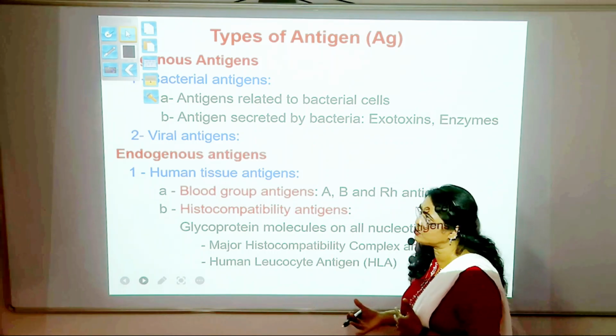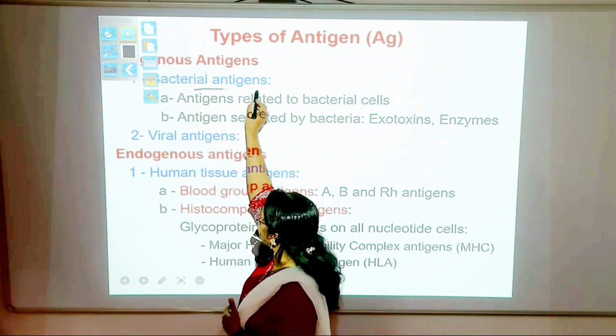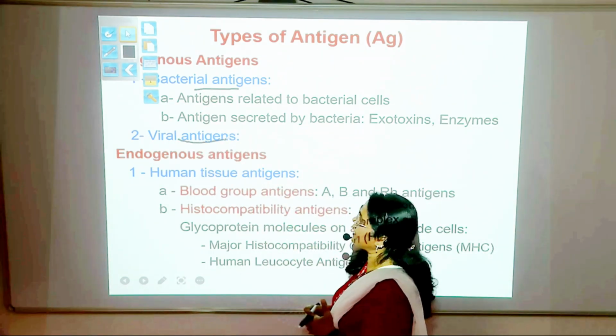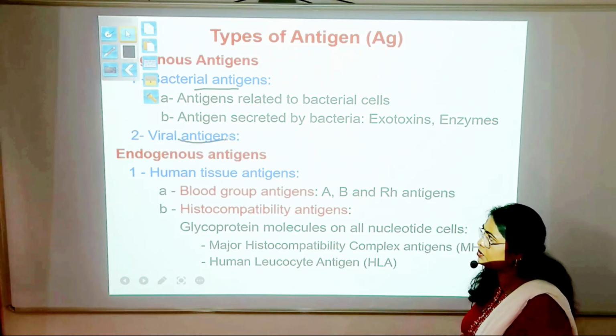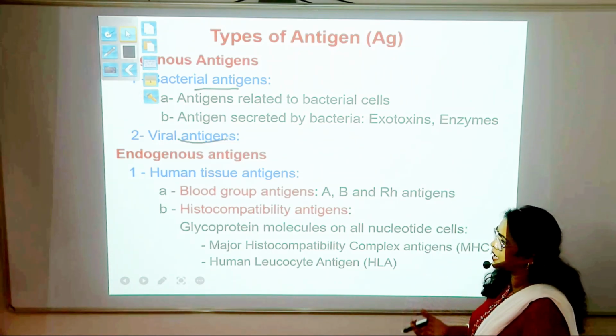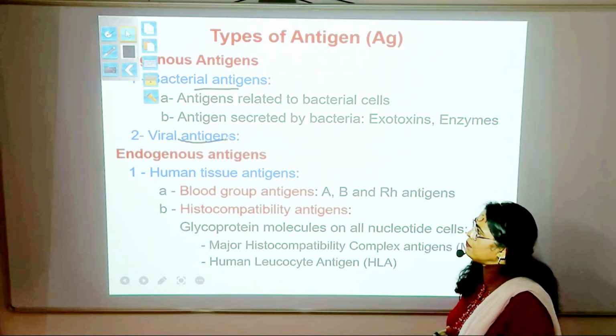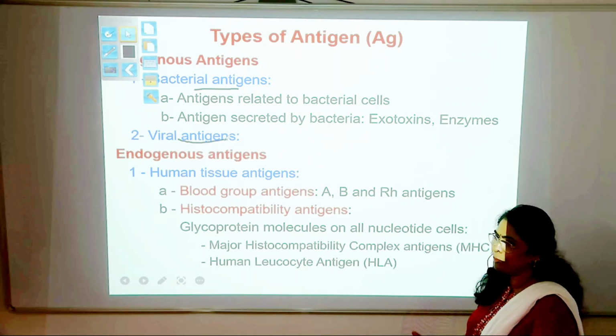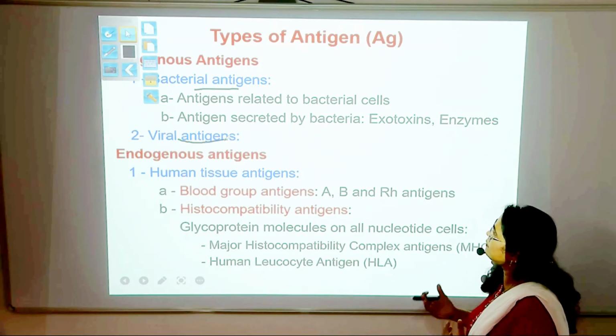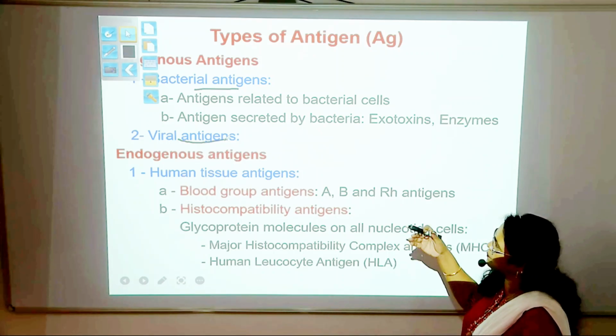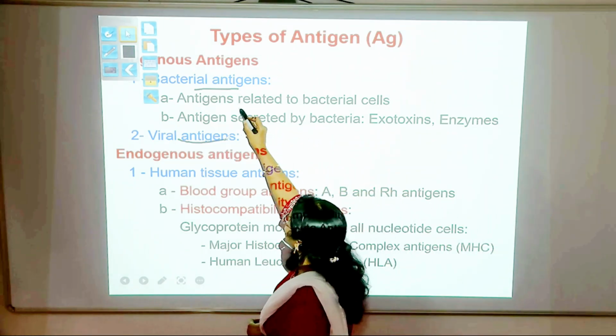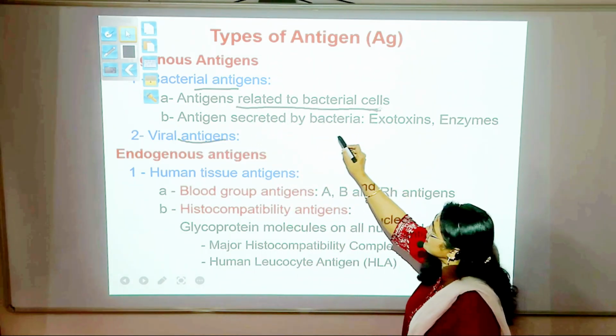When we say exogenous, there are bacterial antigens, viral antigens, pathogens, and helminth parasites, which can be phagocytosed and can behave as an antigen. Bacterial antigens are related to the bacterial cell.